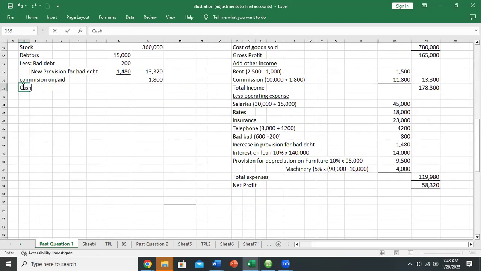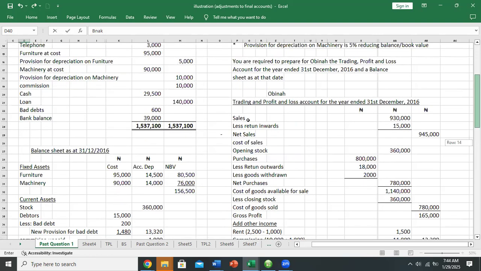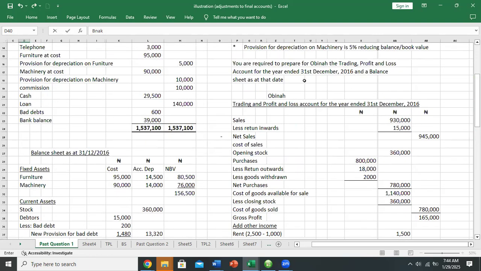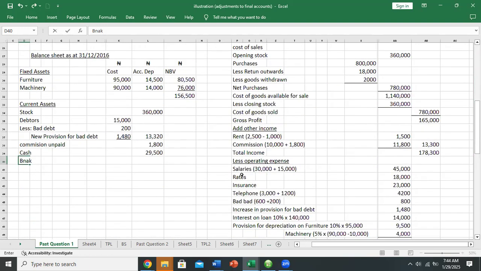So cash 29,500. But the bank was 39,000, and we are told that the owner took 9,000 from the bank for personal use, so we have to less it. Okay.